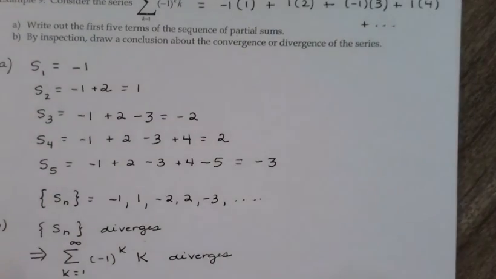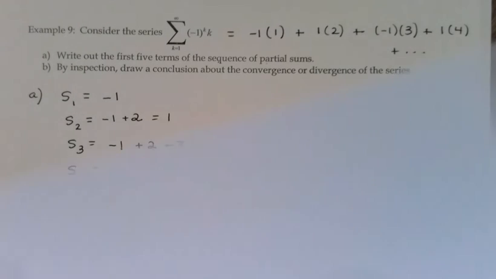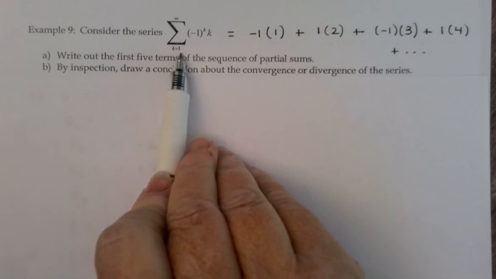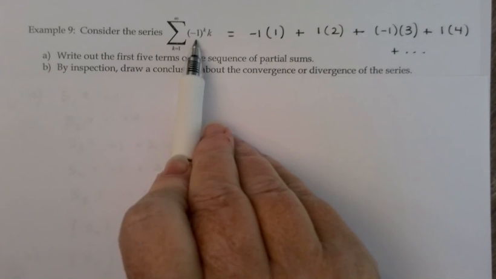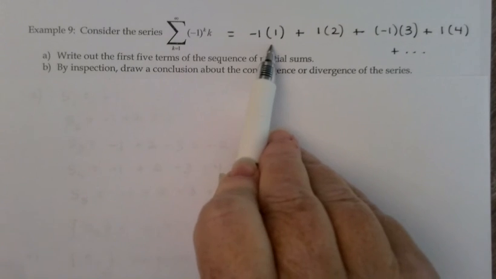Let's look at one more. In example 9 here, my series is the sum of -1 to the k times k. Over here I've just written out a few terms.